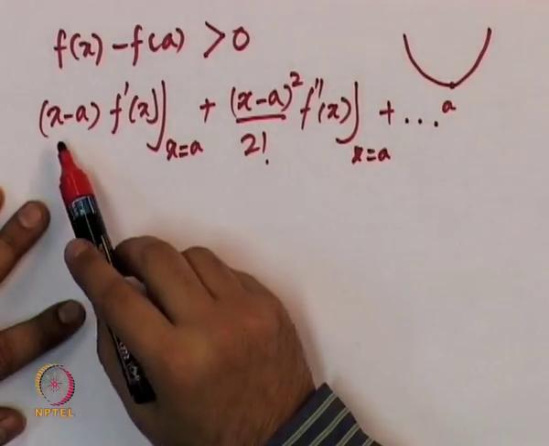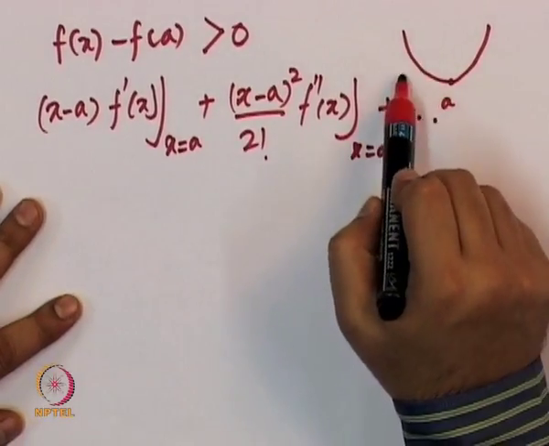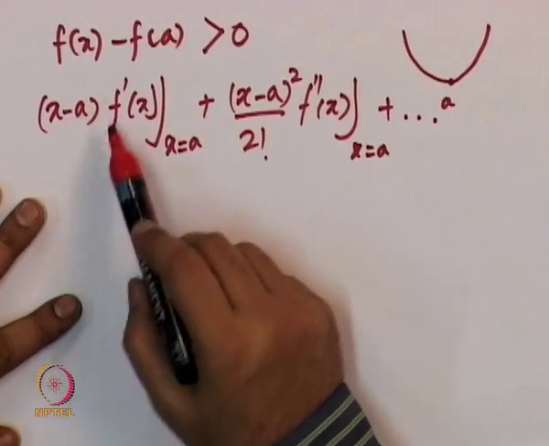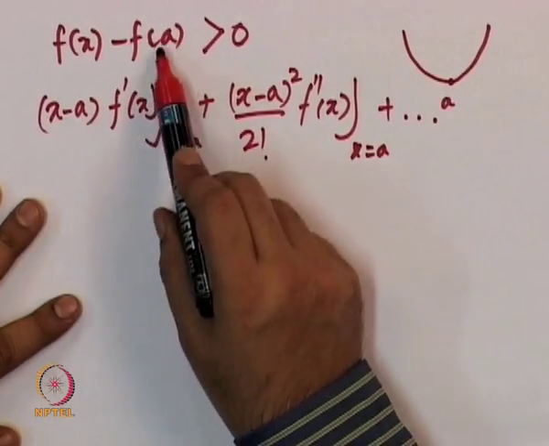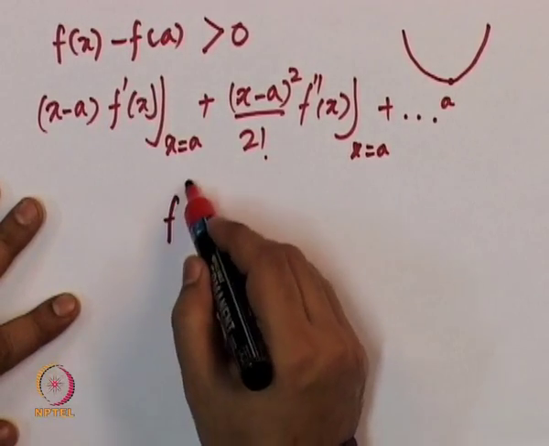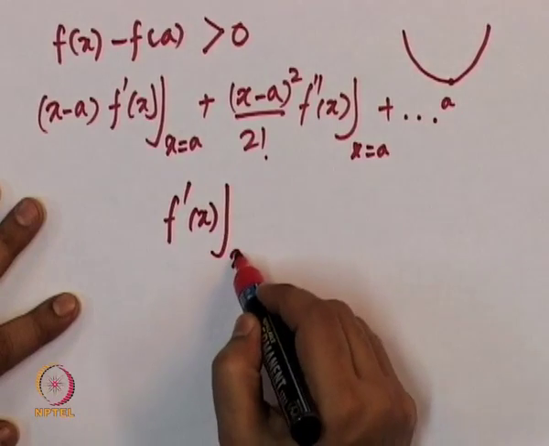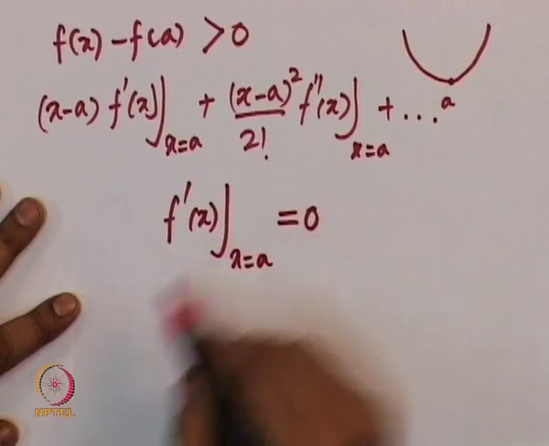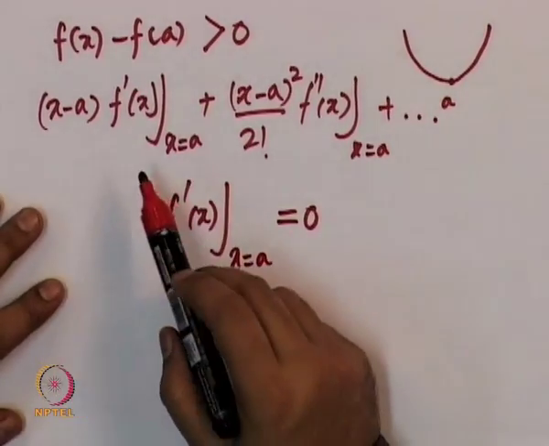Now, again, if I choose x to the left of A or to the right of A, this is going to change sign, but we want this quantity to be positive. So, this means that f prime of x evaluated at x equal to A should necessarily be equal to 0.